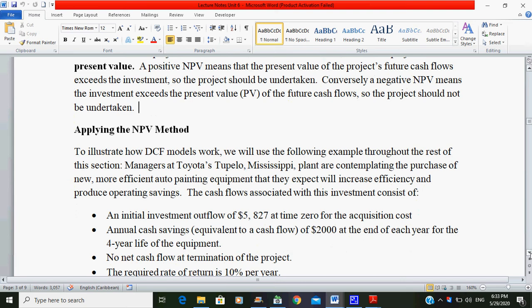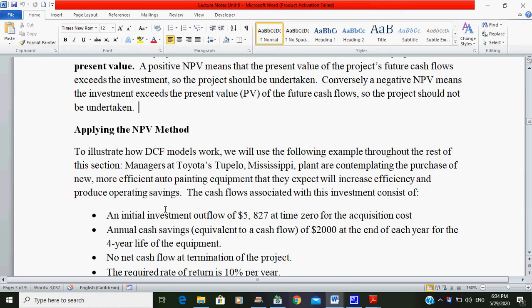To illustrate how DCF models work, we will use the following example throughout the rest of the section. Managers at Texas Tupelo's Mississippi plant are contemplating the purchase of new, more efficient outdoor painting equipment that they expect will increase efficiency and produce operating savings.